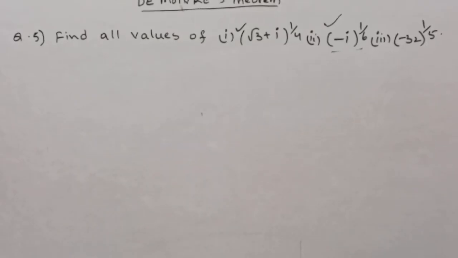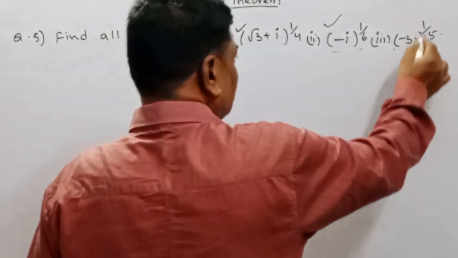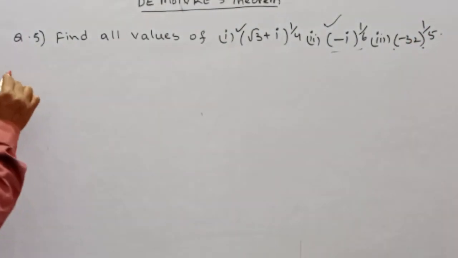One more problem, the third one: (−32)^(1/5).